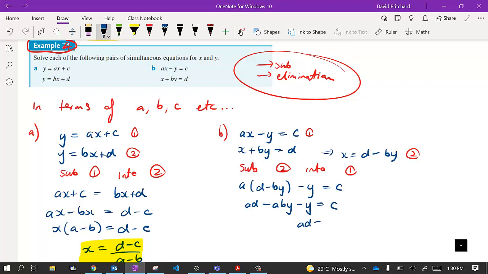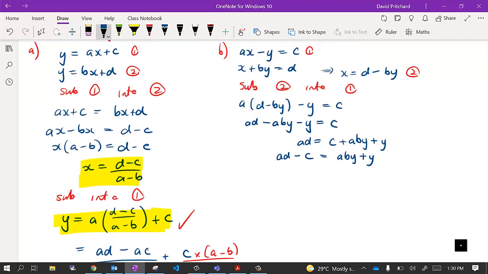So now I've got AD is equal to C plus ABY plus Y. And when I subtract C, I've got AD take C is ABY plus Y. The idea behind getting the y's on their own is that now I can take y out as a common factor. So there's that skill again. And we can divide by AB plus 1, and we end up with y is equal to AD take C on AB plus 1.